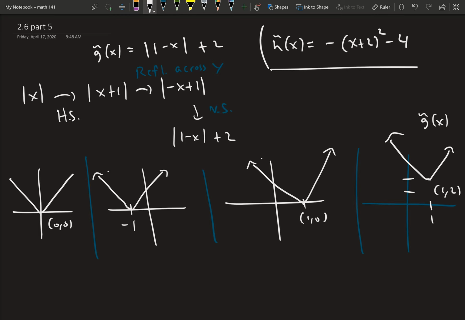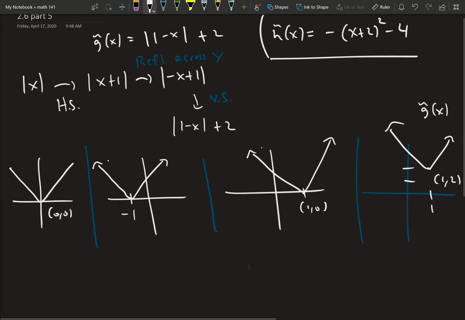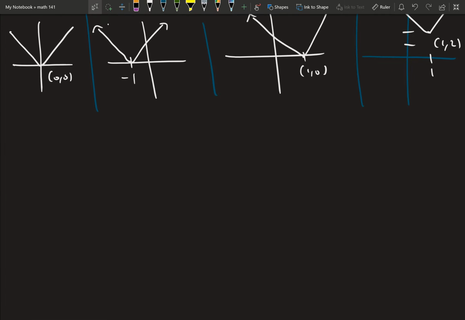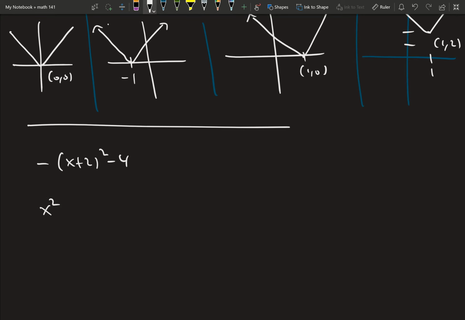Okay, so we're going to do a similar process for h of x, or h tilde. We want to eventually end up with negative x plus 2 squared minus 4. So we start with x squared, then we shift by 2 units to the left, then we negate the whole function, and then we subtract 4.